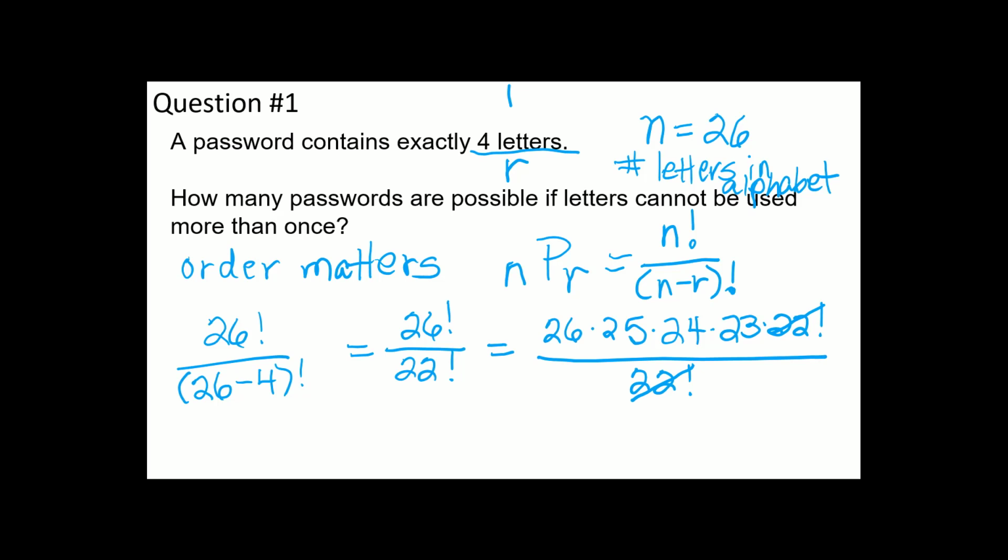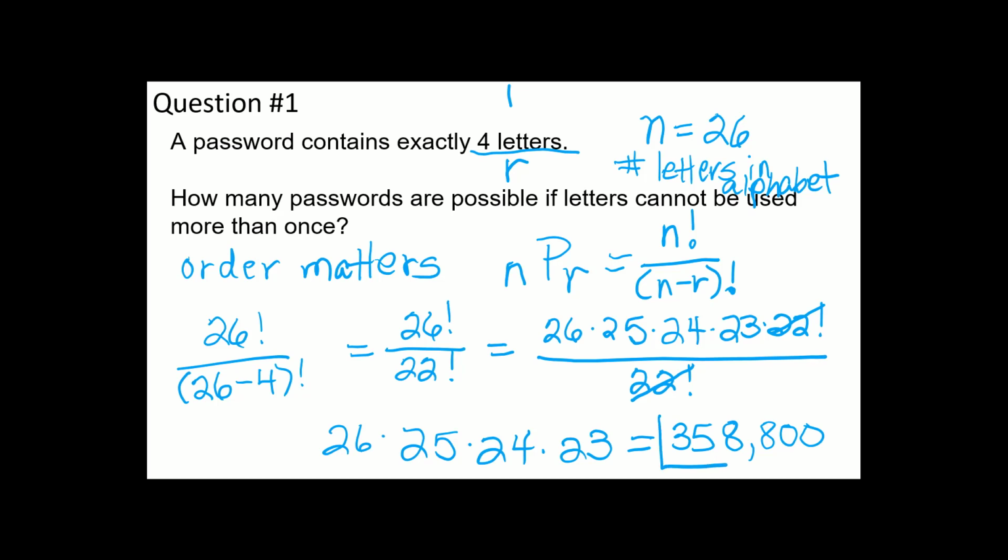You can write that out if you would like to, but this is just a shorter way to cancel. So we have left 26 times 25 times 24 times 23, and that will equal 358,800. You can also use Desmos or a scientific calculator and use your permutation formula.